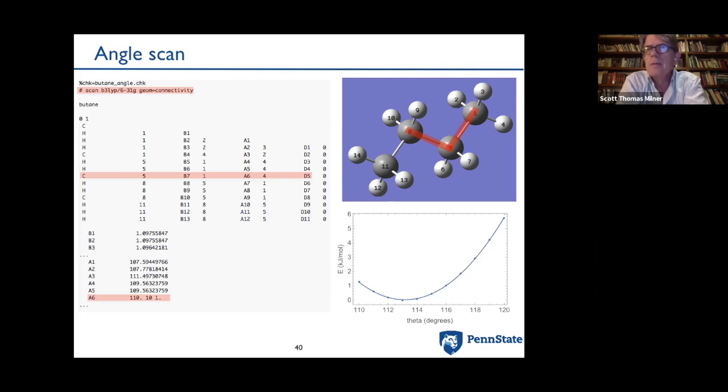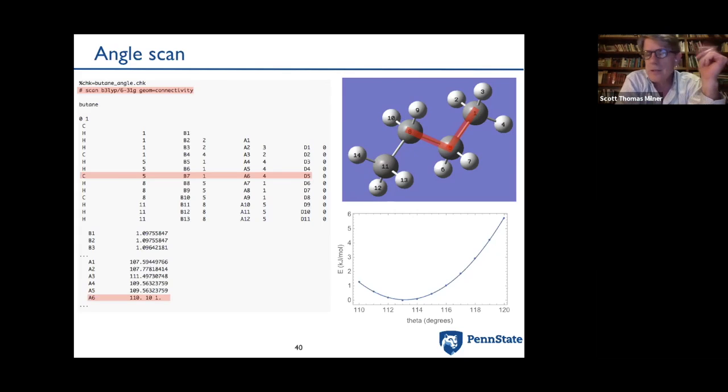It's not quite, but basically tetrahedral. That corresponds to angle A6, which starts at 110, as you can see in the red highlighted remark down at the bottom, takes 10 steps of 1 degree. And then you get this nice energy curve. And again, you don't touch any of the other coordinates at all.